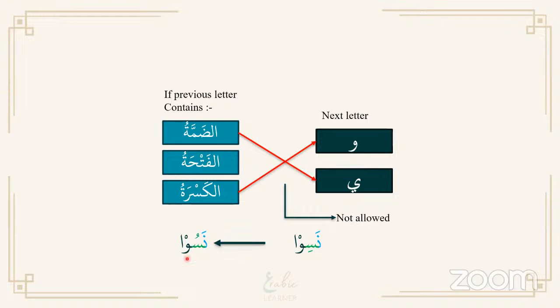And if it is another situation when Ya is the next letter and the letter before that is carrying Dhamma, since Ya is the close friend of Kasra, that is why that time the Dhamma sign will change into Kasra. So based on this formula, we can derive allowed and disallowed transitions.